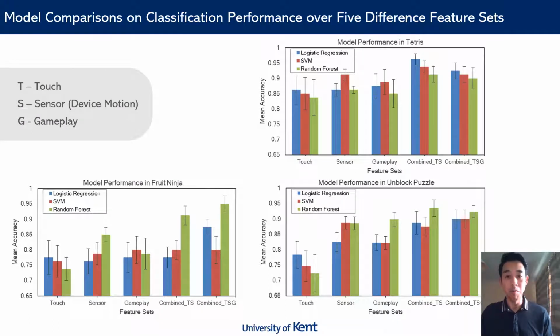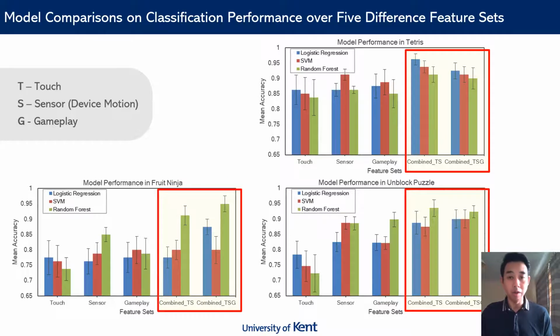Comparisons were made on model performance over 5 different feature sets to investigate the effect on accuracy. The 3 plots on the slide demonstrate the model performance using the data of each game as input. The x-axis represents the feature set, while the y-axis represents the mean accuracy. The bar color represents the classification algorithms.